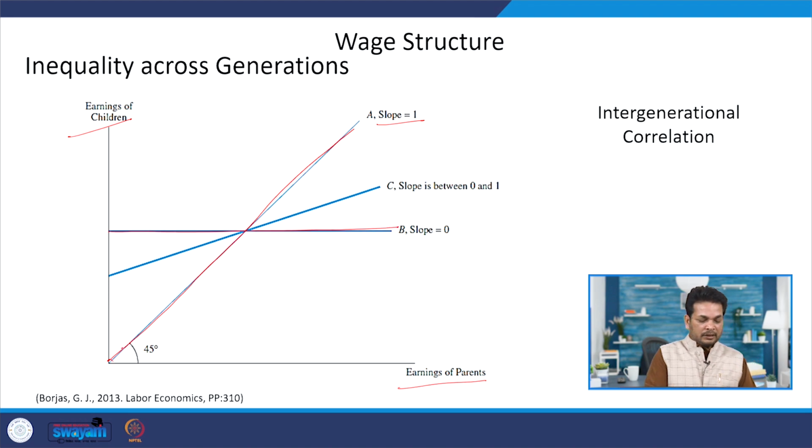So, when we say the regression line is line A and the slope is 1, what does it mean? An intergenerational correlation equal to 1, as you can see in the figure, line A, implies that if the earnings gap between any two parents is, let us say, $1,000, their children's income will also differ by $1,000.